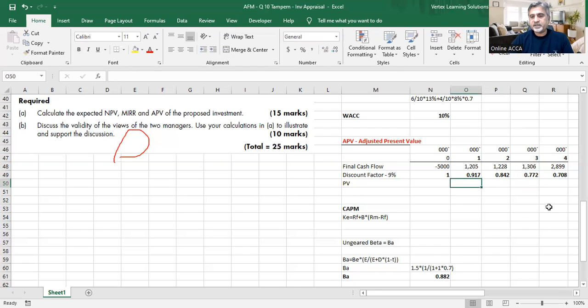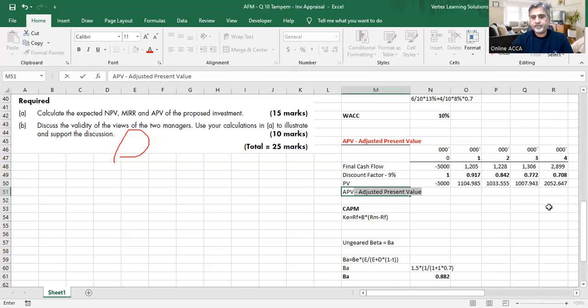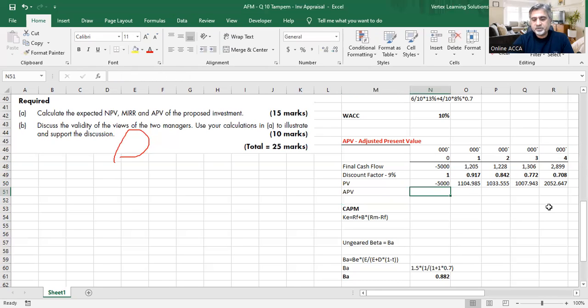Present value is, and I've got my APV here, which is the sum total of these numbers.